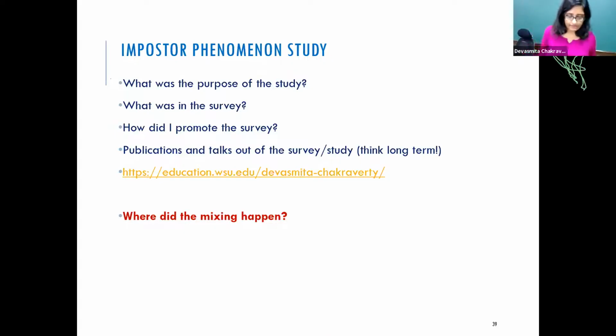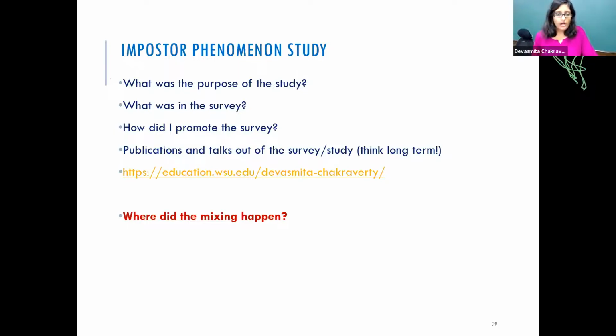See, you work with limited resources of time, money, energy, whatever it is. You can't interview everyone. It could be that people who filled out the survey actually did not feel like imposters. They just didn't know, or they somehow got in the study, or they were bored, or something happened and they filled out the survey.